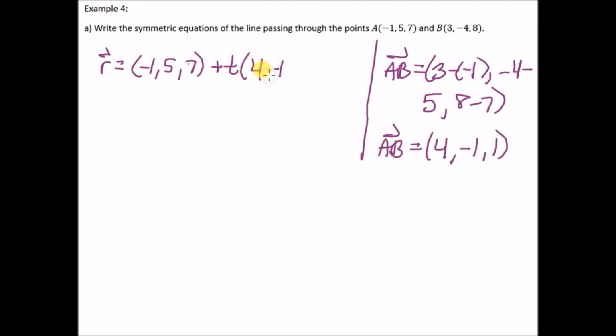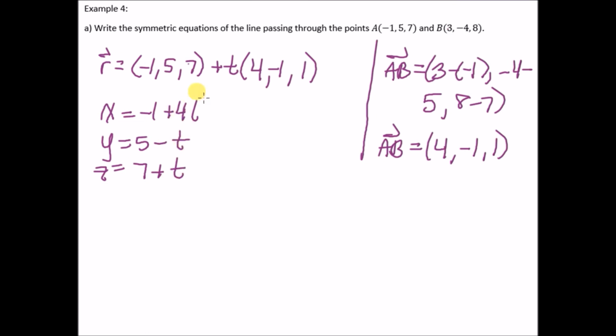So if we put these into parametric equations, and this is lots and lots of practice, negative 1, 5, and 7, plus 4t, minus t, plus t. All we have to do from here is rearrange.